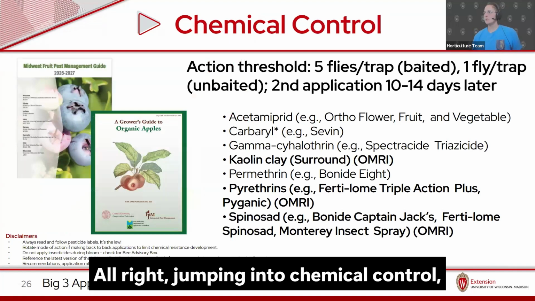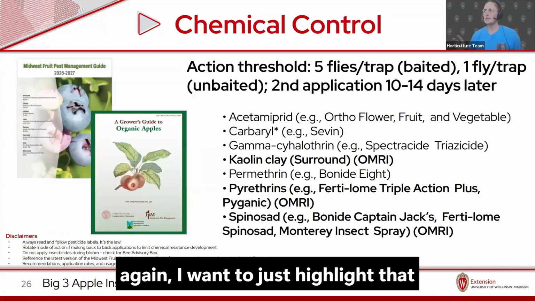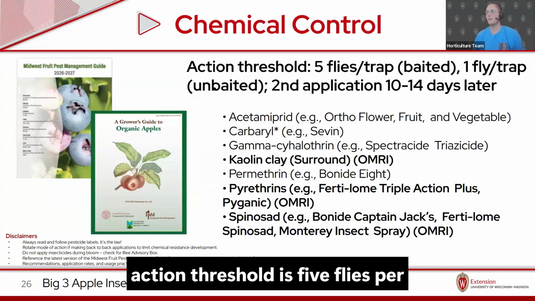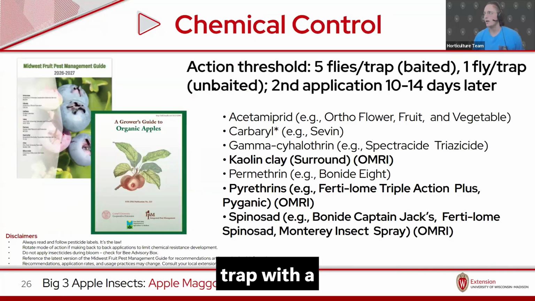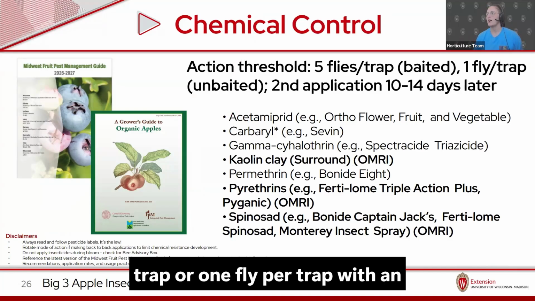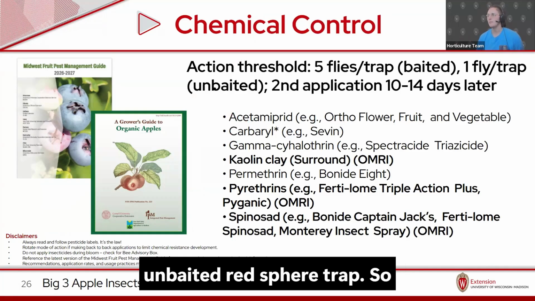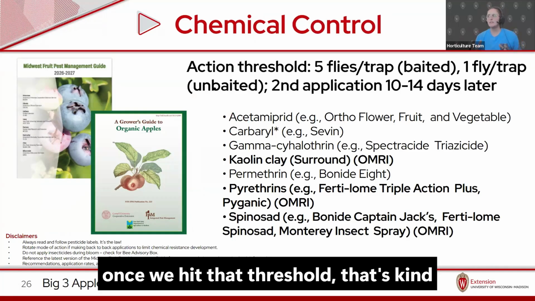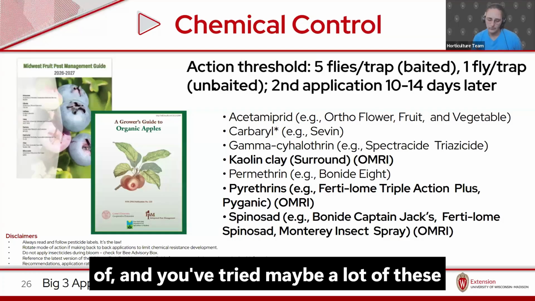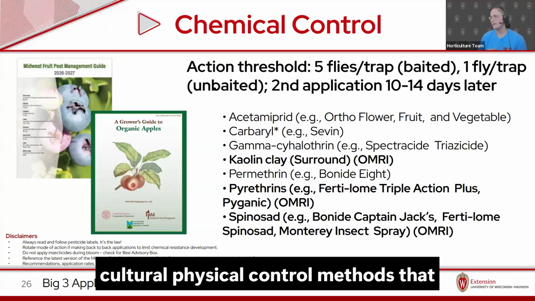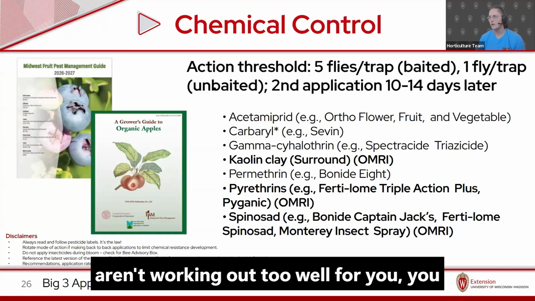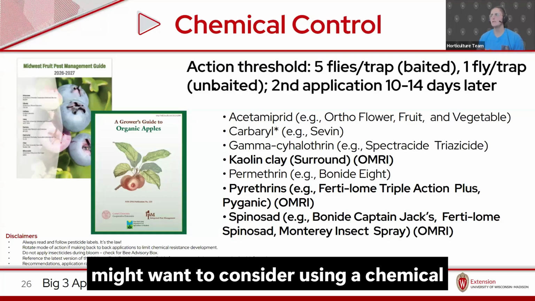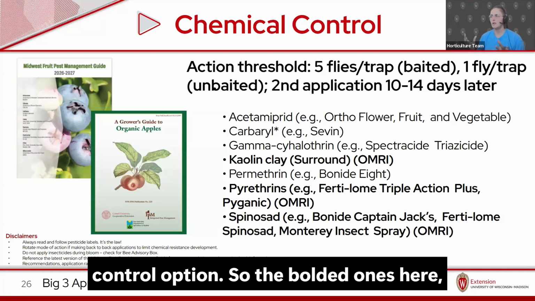All right, jumping into chemical control, again I want to just highlight that the action threshold is 5 flies per trap with a baited red sphere trap, or 1 fly per trap with an unbaited red sphere trap. So once we hit that threshold, and you've tried a lot of these cultural or physical control methods that aren't working out too well for you, you might want to consider using a chemical control option.